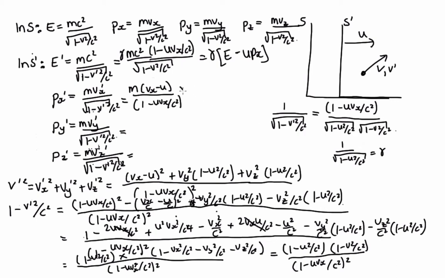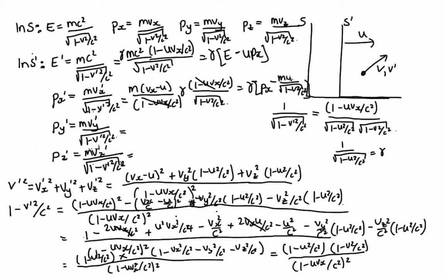So this is equal to the gamma, and then it's the 1 minus u vx on c squared over the square root of 1 minus v squared on c squared. So nicely, this term and this term cancel out, and so we have gamma m vx, which is on the square root of 1 minus v squared on c squared, which you can just see is equal to gamma times px, and then we've got the minus u minus mu over the square root of 1 minus v squared on c squared.